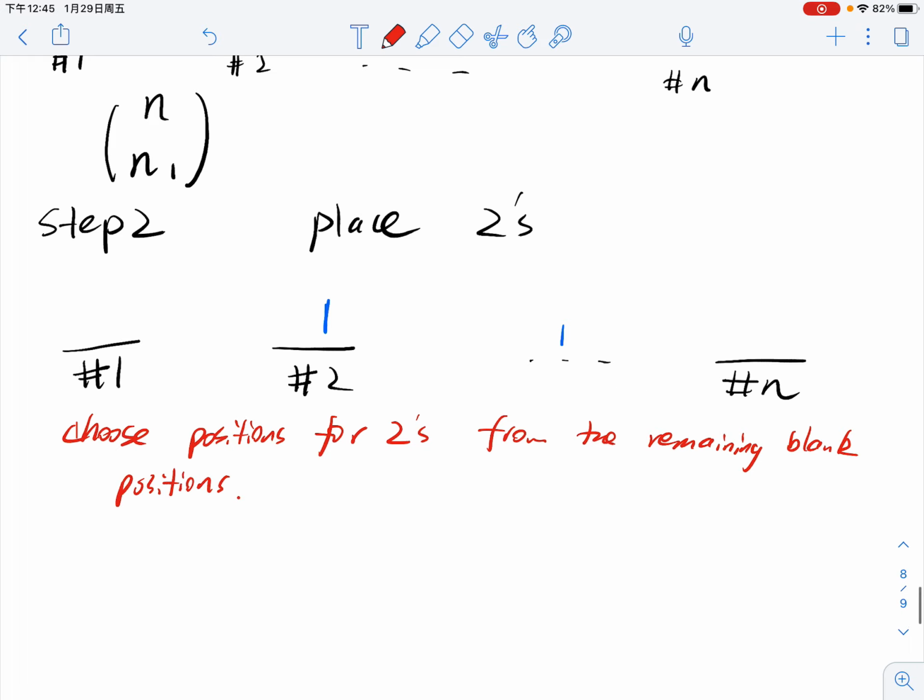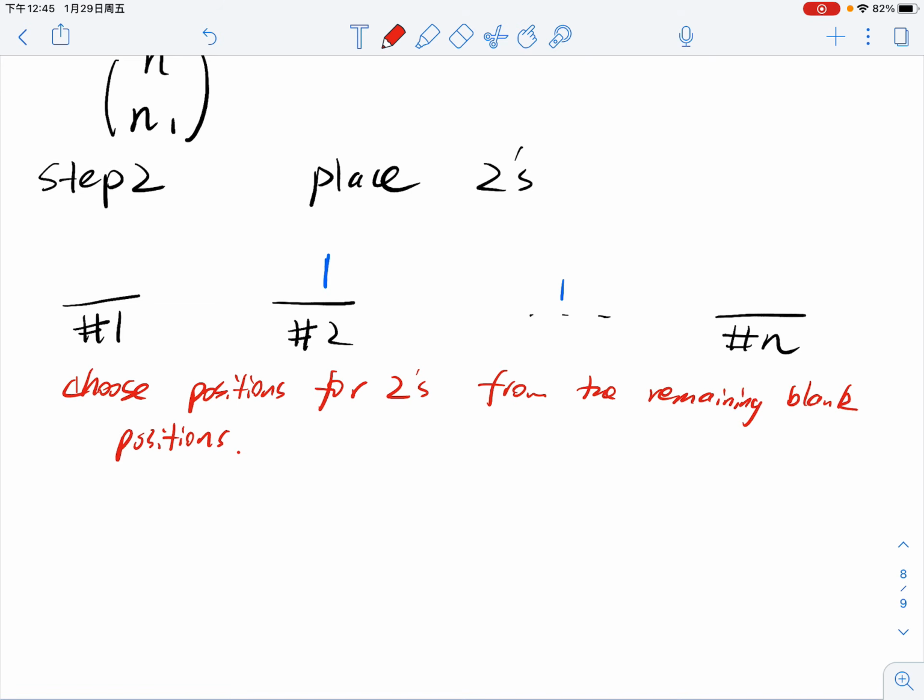Note that no matter how you choose positions for 1, now you have n minus n1 blank positions for 2. So you are choosing n2 from n minus n1.